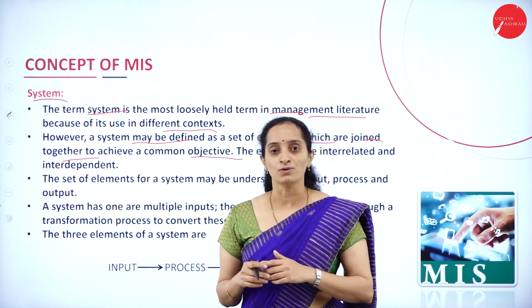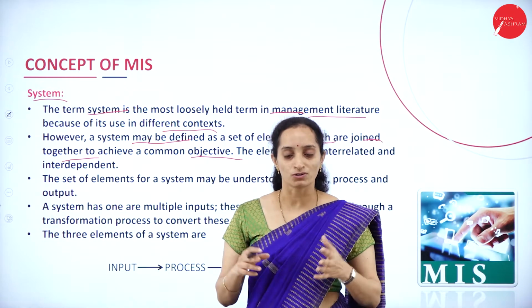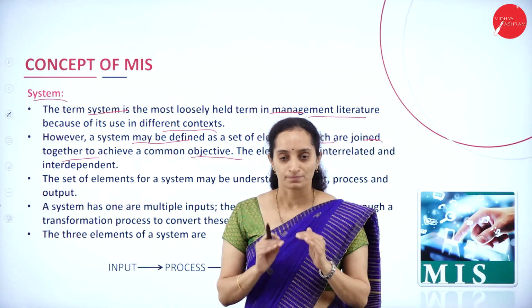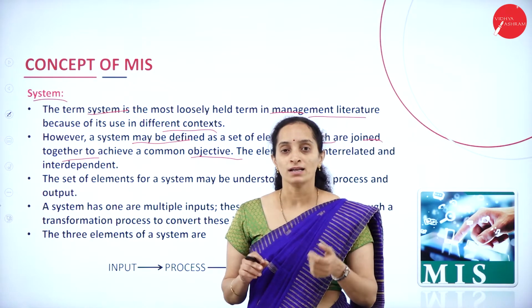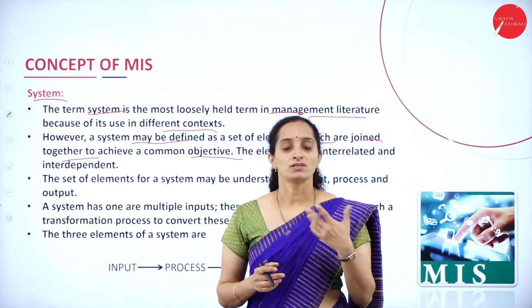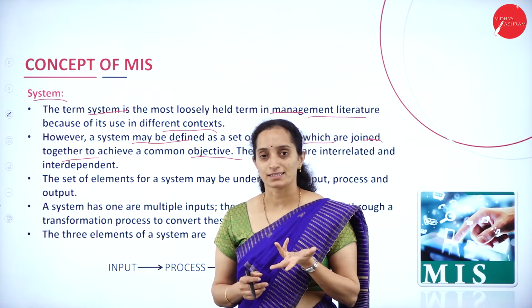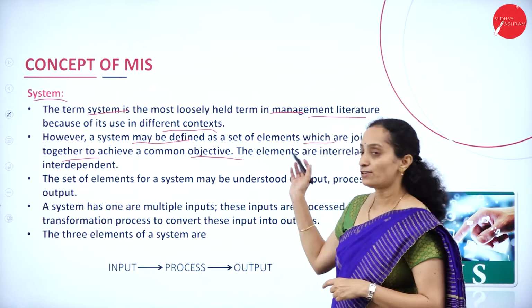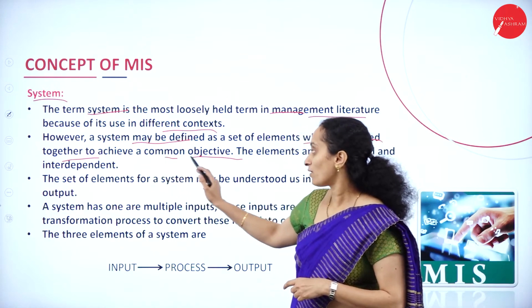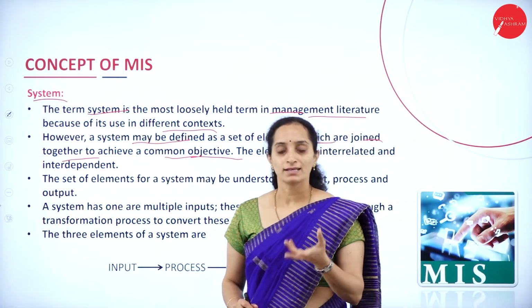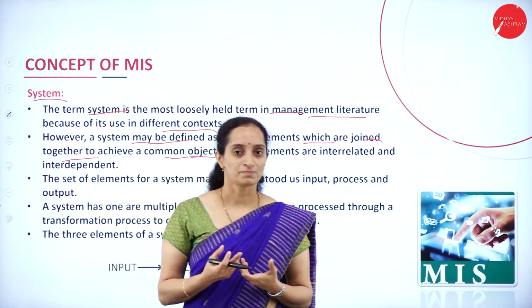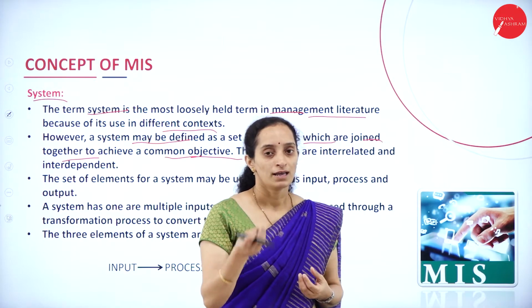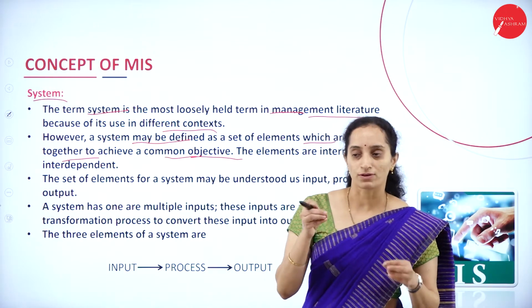If you have a CPU, you cannot work with the computer alone. What do you need? You need something to give the data to the CPU. And if you don't have a monitor, even though the CPU performs, you cannot view the result, isn't it? So that is why it is a set of elements to achieve a common objective, to make the computer work and to give you information, based on whatever you have entered.